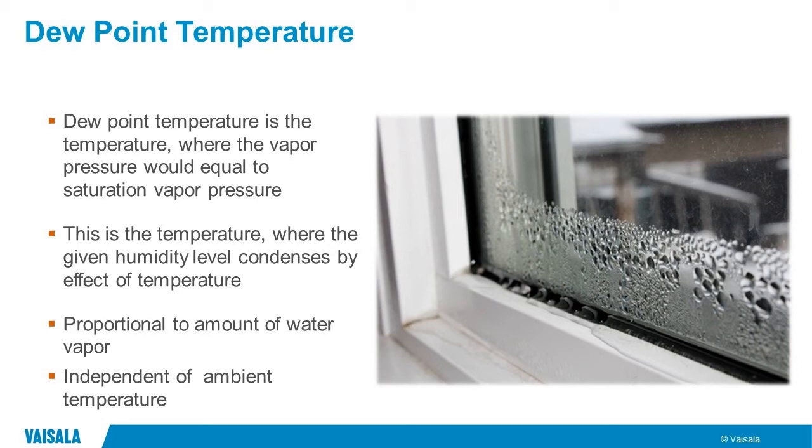So for any amount of water, once you start to cool it down, sooner or later you will hit a certain temperature where the air is saturated and you will start to get condensation. The good thing about this parameter is that it's actually independent of the ambient temperature, unlike relative humidity.